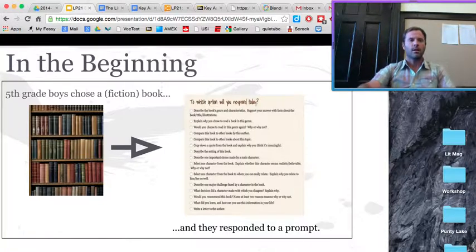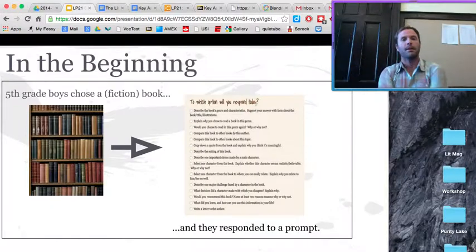They read for 20 to 30 minutes, and then went to a Google form on the website with 13 options. They had to rotate through them, choosing any option as long as they didn't repeat before they had answered every one.